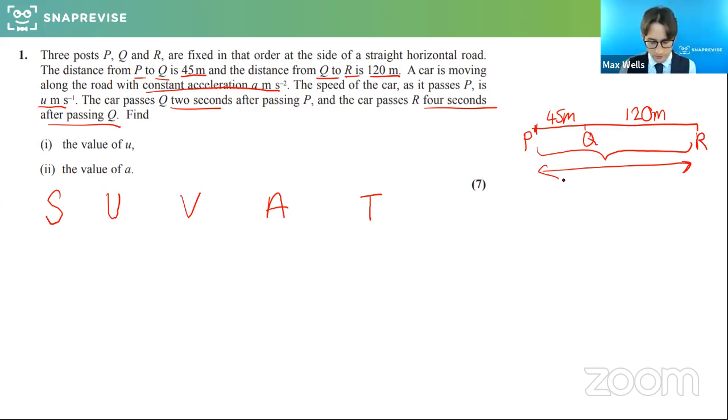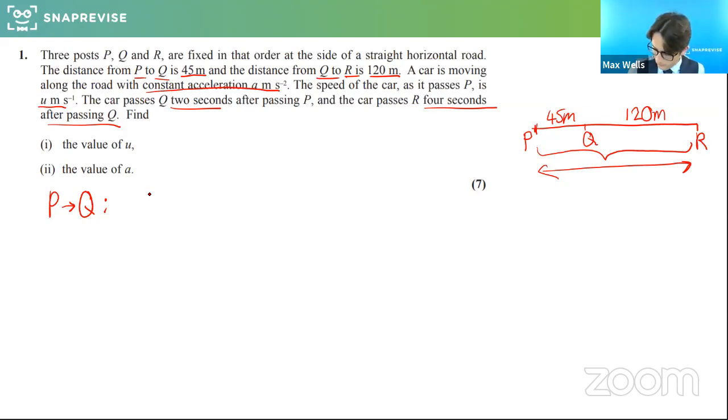So the two steps we're going to have to consider here are from P to Q, and actually it's easier to deal with P to R than it is from Q to R, which a lot of people do. So from P to Q, we know S, we're looking for U, we don't know A, but we know T, and we know the distance.